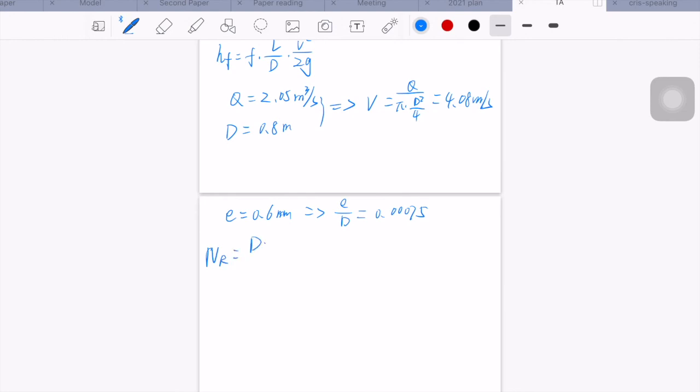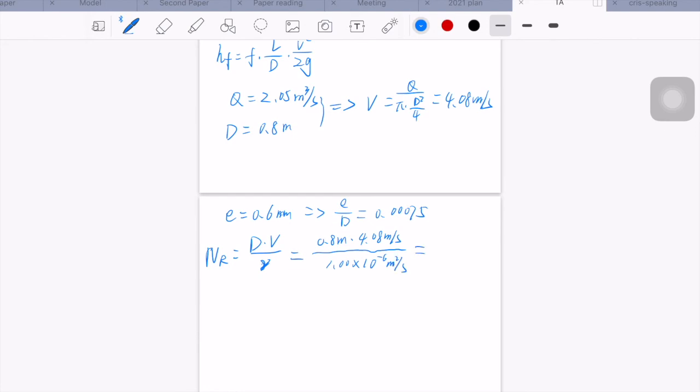And the Reynolds number equals D times V divided by the kinematic viscosity. And this value equals 0.8 meter times 4.08 meter per second that we calculated just now. And the kinematic viscosity at 20 degrees Celsius equals 1.00 times 10 to the power of -6 square meter per second.